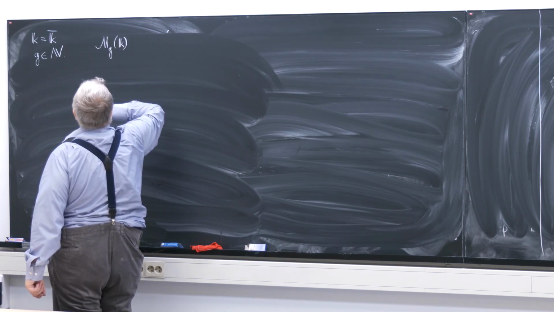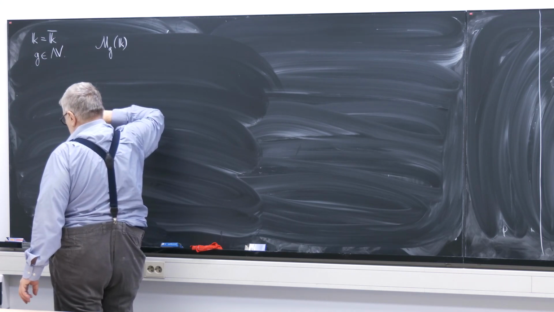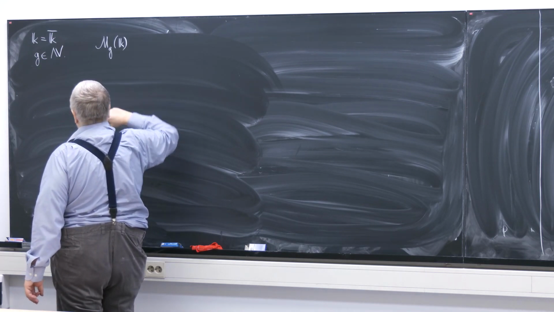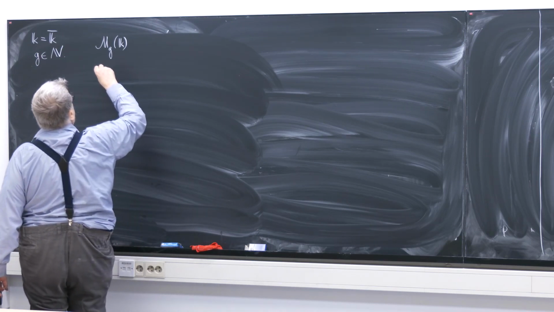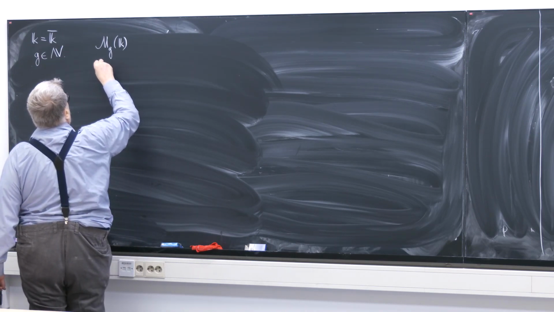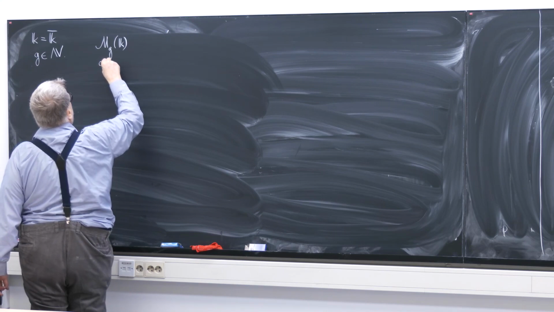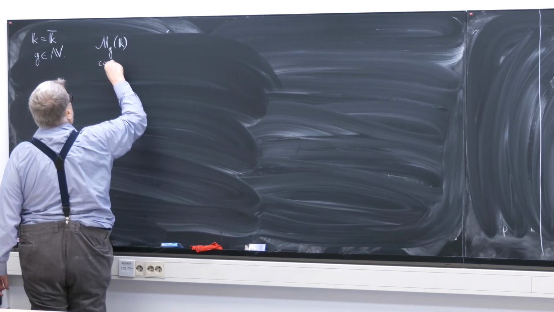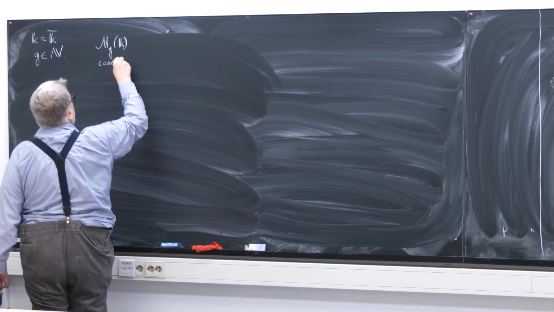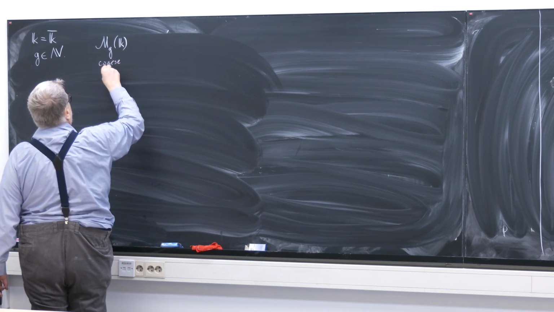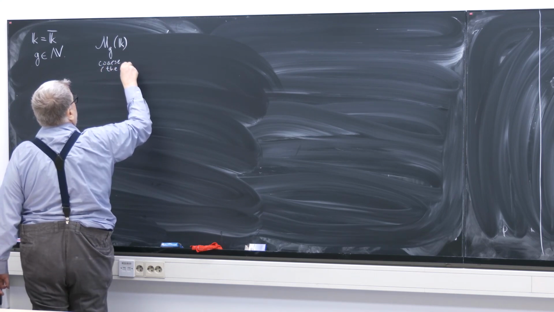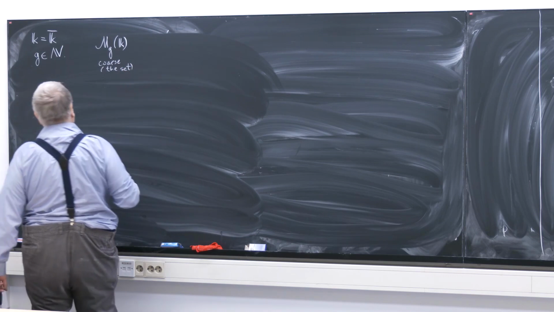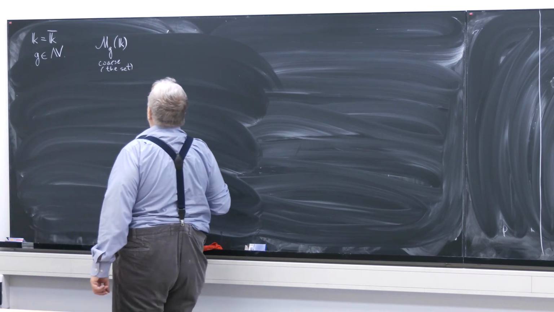That is called the coarse moduli space, and let me remind you that it is, I would like to say, the set for every K and every genus.